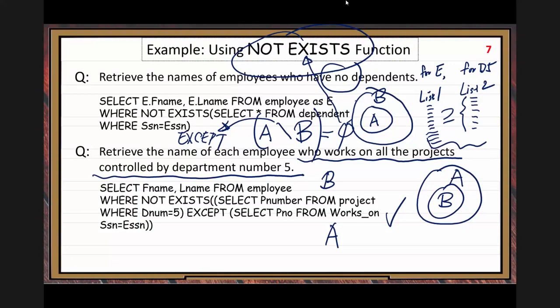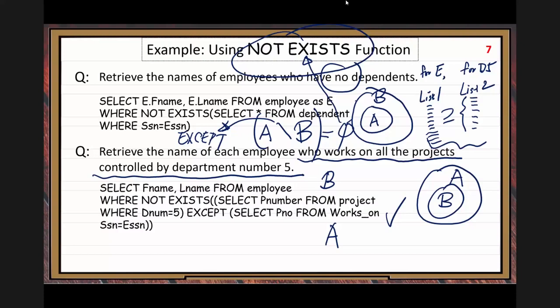And this employee works on all of them. This employee could work on more than that, right? After working on all the projects controlled by the department, he or she could work on a few more other projects.